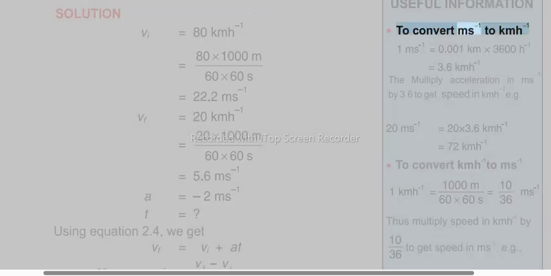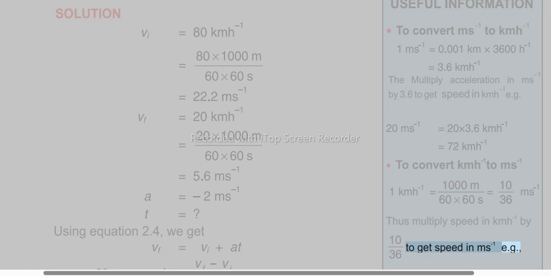Useful information. To convert m/s to km/h, multiply speed in m/s by 3.6 to get speed in km/h. To convert km/h to m/s, multiply speed in km/h by 1/3.6 to get speed in m/s.